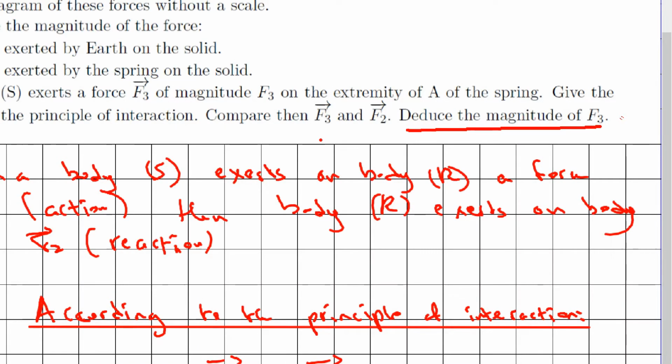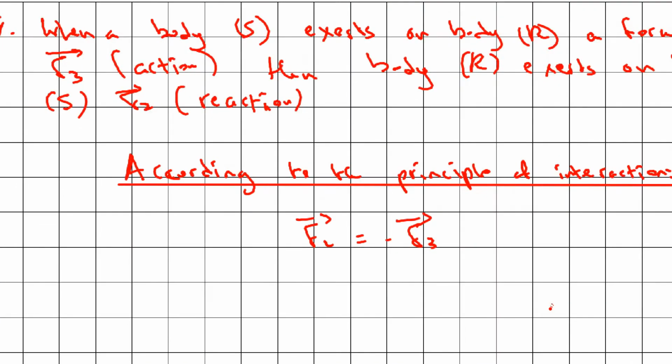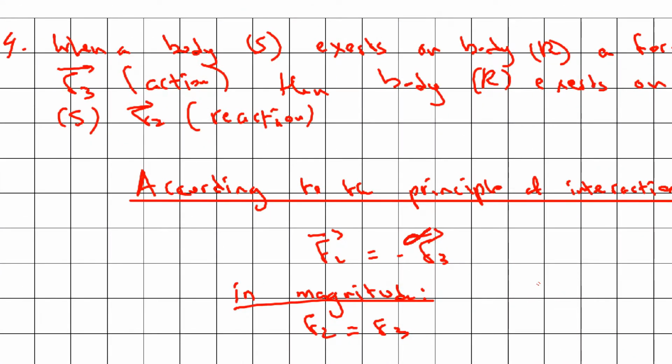And by deduce, it means that we need the previous part. In the previous part, we have determined the vector relation between F2 and F3. Now we need to determine the magnitude of F3. So let me say in magnitude that F2 is equal to F3. So in this case, we drop the vector quantities and we remove the minus sign.